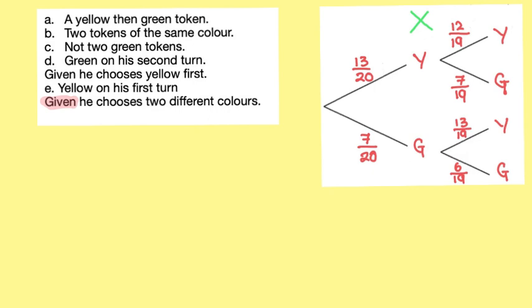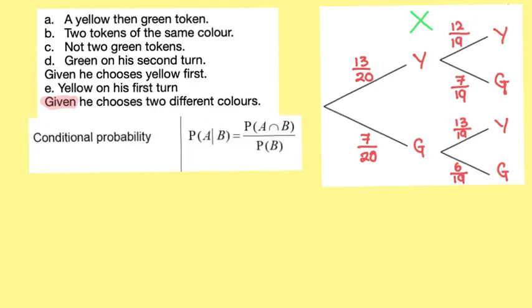I have a formula for conditional probability, which is in your formula booklet, and it states that the probability of A given B is equal to the probability of A and B over the probability of B. So the probability of them both happening over the probability of the second.